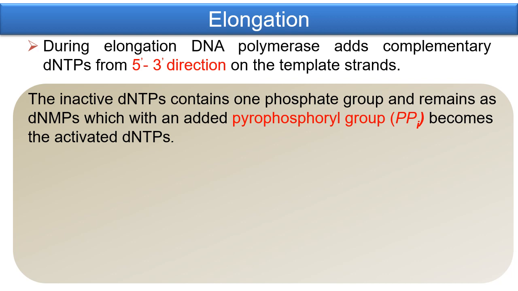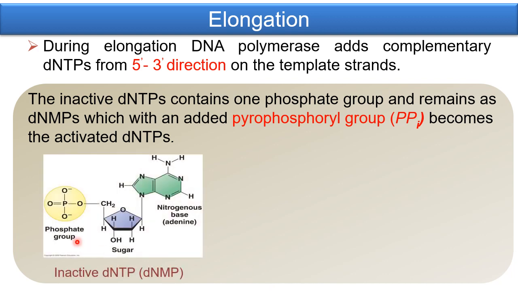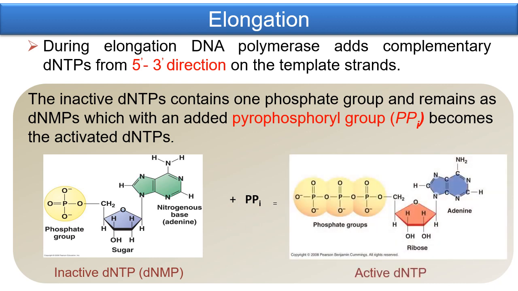Here I am showing this inactive dNTP known as dNMP with only one phosphate group. After adding of this pyrophosphoryl group, it will be converted to active dNTP with 3 phosphate groups. Only after adding these additional 2 phosphate groups do the inactive dNTPs become active dNTPs.